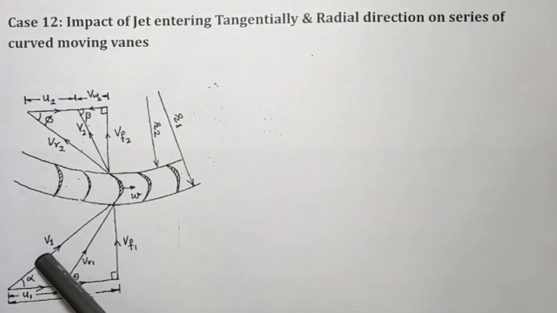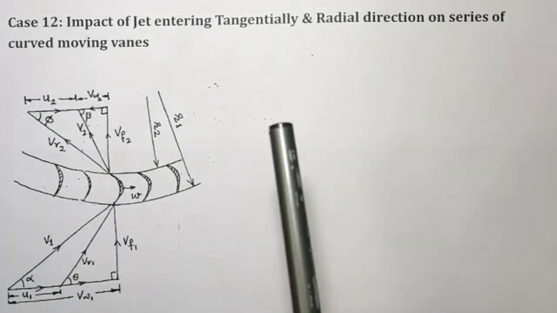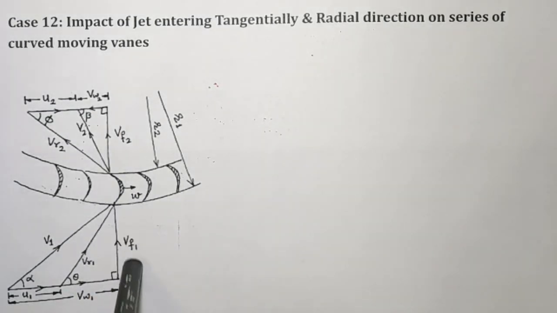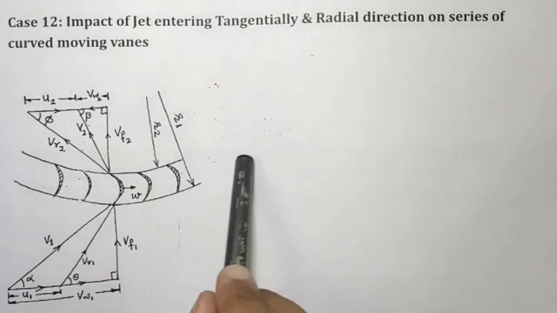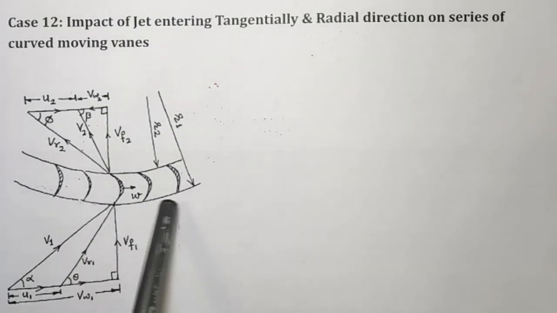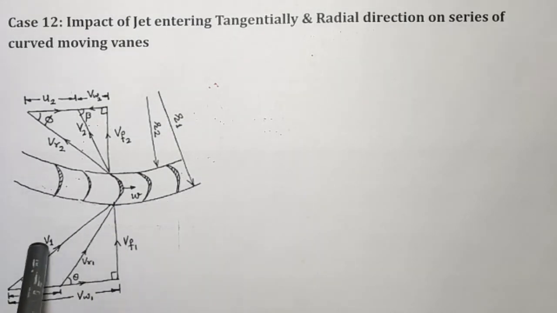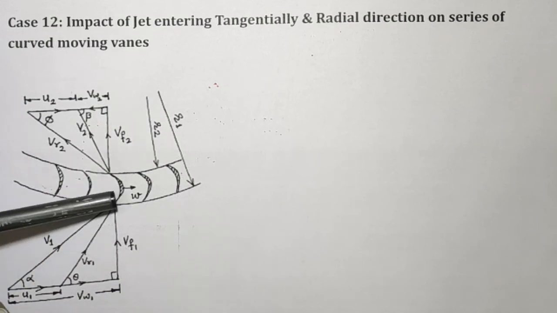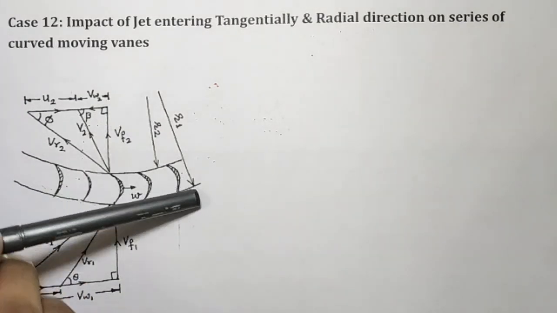The absolute velocities v1 and v2 have two components: one along the axis, another along the tangent to this wheel. To the tangent of the wheel, v1 has component vw1, which we call the tangential component or whirl component. This component causes the transmission of force.